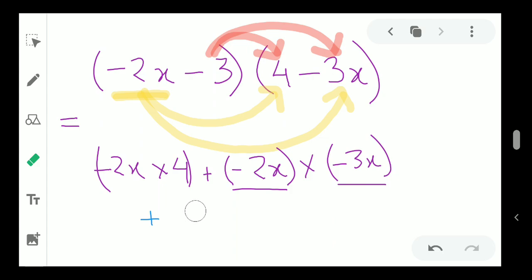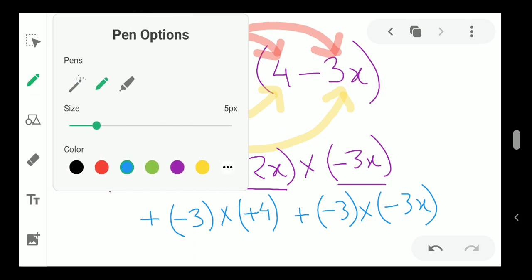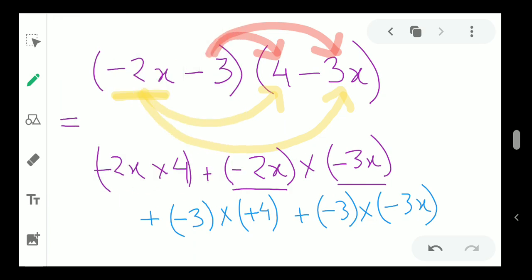So minus 3 into plus 4 plus minus 3 into minus 3x. So once you do like this, then you can write as a whole.